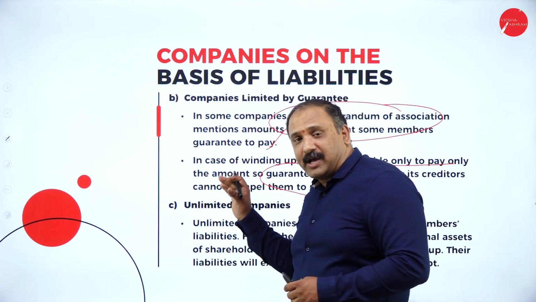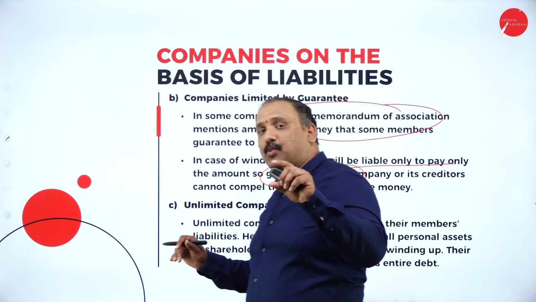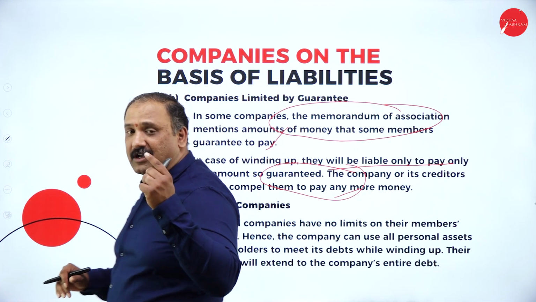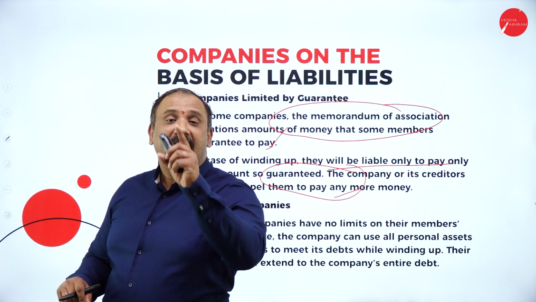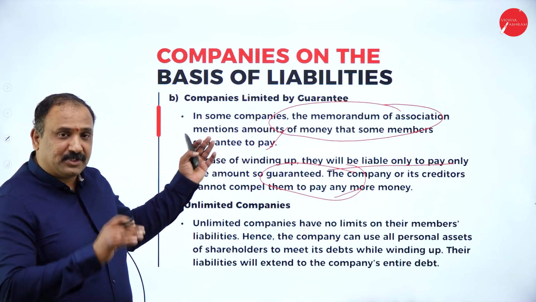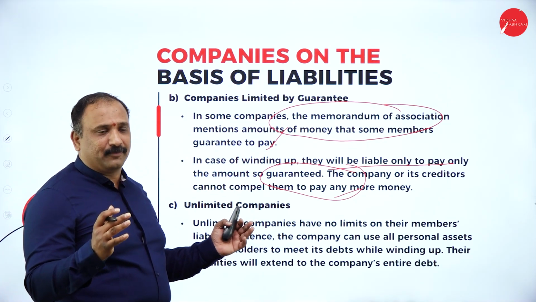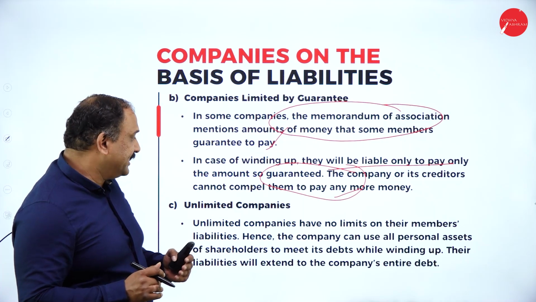So that is where the promise comes into the picture. Why? Because the members of the company have promised that they will be paying that money at the time of bankruptcy or the time of complete winding up of the company. So that's where the guarantee comes.